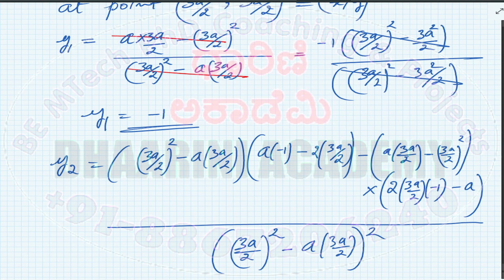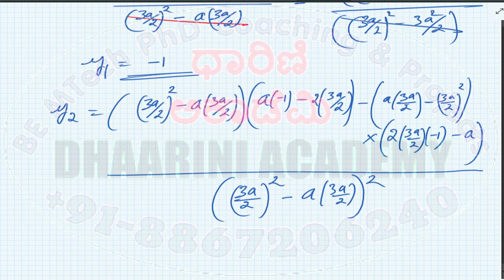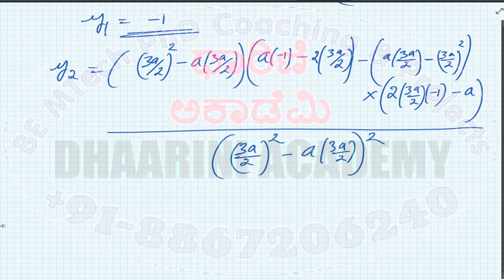Okay, now let's simplify this quickly. Now I have the first term, that is becoming 3a square by 2 minus 3a square. This is 9a square minus this. So I have 3a square by 4. That's the first term. Into the second term becomes minus a minus 3a. Correct? So this could be minus 4a.